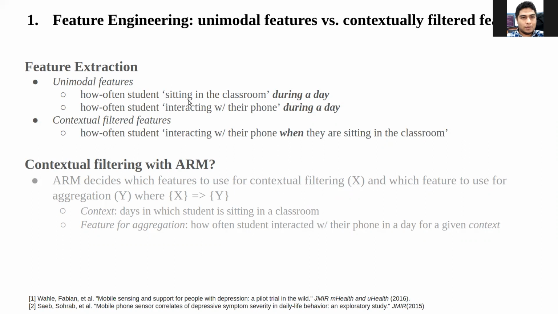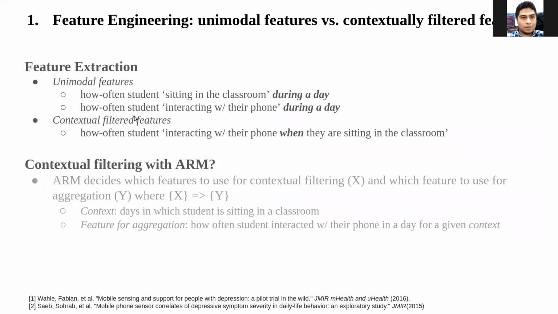Say they collect data for 100 days, because that is one semester. Then this feature is averaged: the mean and standard deviation of this feature is taken across 100 days. So they would have one single feature corresponding to 100 days.